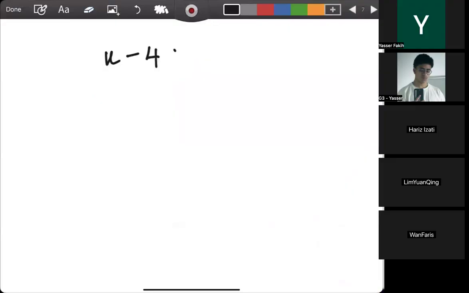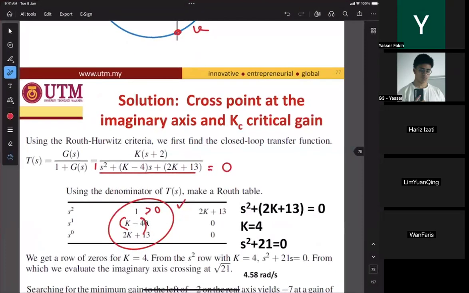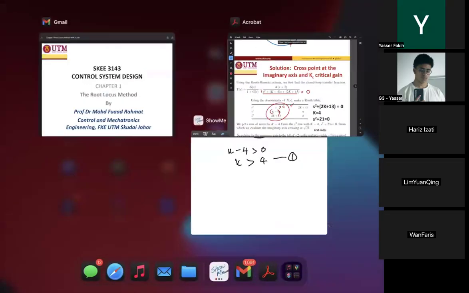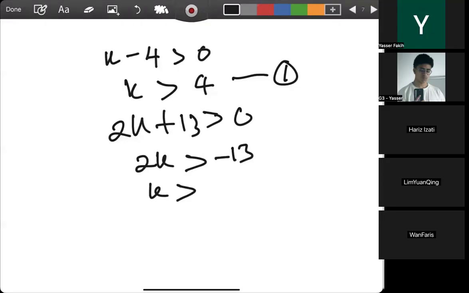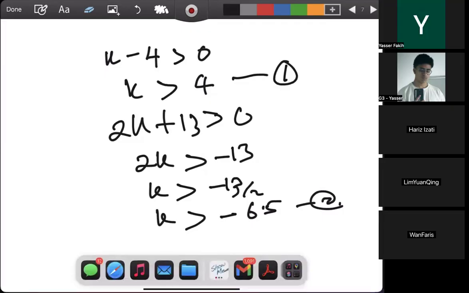K minus 4 greater than 0, K greater than 4. First equation. And then 2K plus 13 greater than 0, 2K greater than minus 13, K greater than minus 13 over 2, which is minus 6.5.